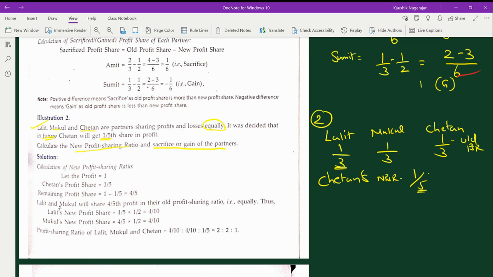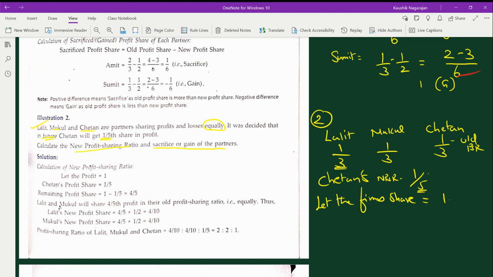First, let us understand that when we don't have the information about the profit share of a partner, we work it out by taking the entire firm's share, which is considered to be 1. So let the firm's share be 1.